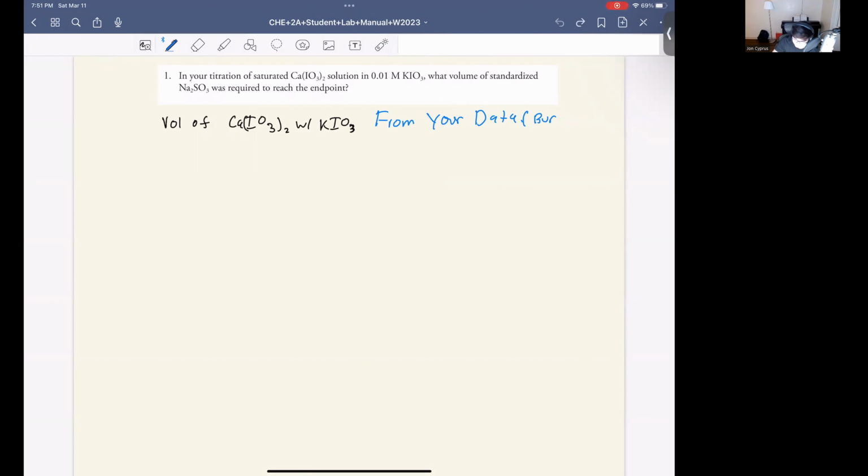Nope, sorry, that's for the sodium thiosulfate. This is from your data. You should have used 5 milliliters according to the procedure. All right, I'm going to denote this with an XIV, just so we can keep referring back to these.